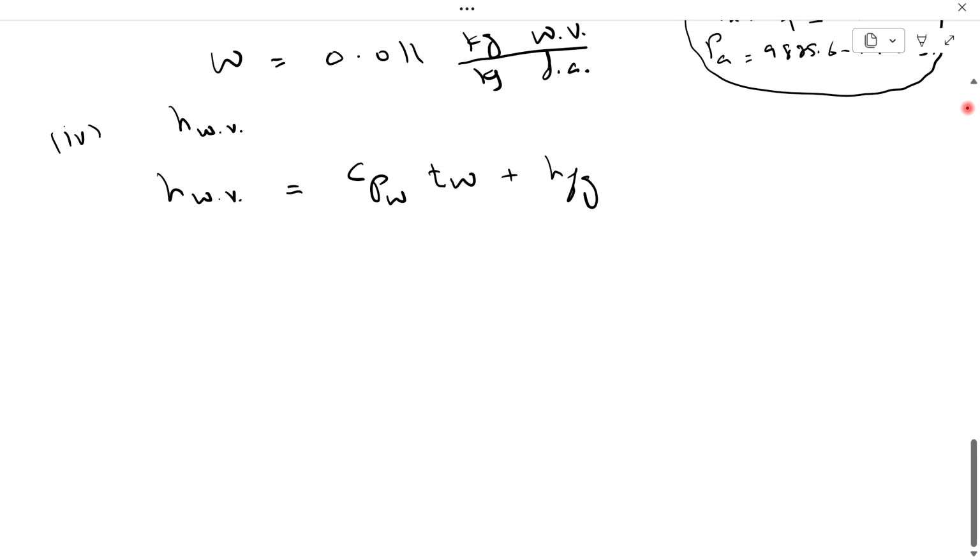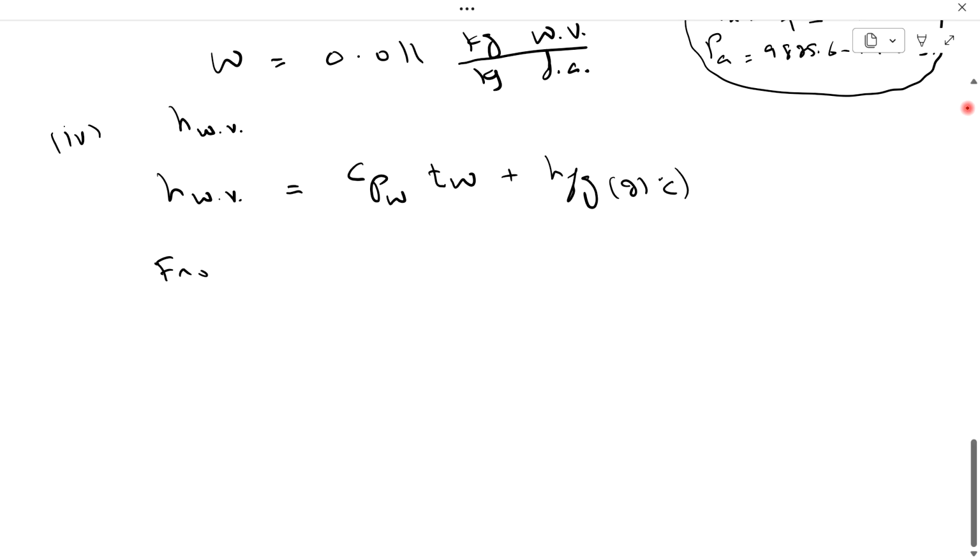The temperature here is 21 degrees centigrade. CPW is a constant value, which is equal to 4.1868. Temperature of water is given to us as 21 degrees centigrade, and HFG we can find from the table.